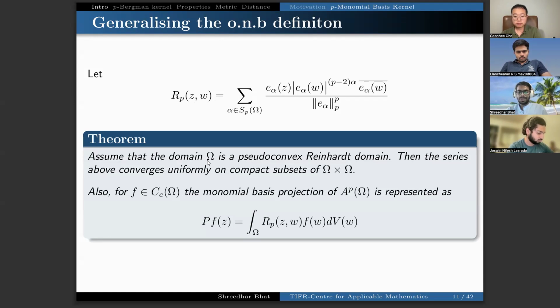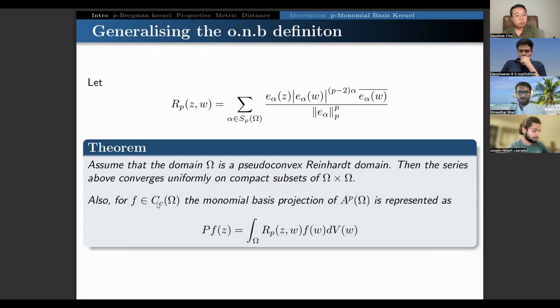And if you start with a pseudo-convex Reinhardt domain, then even though this is an infinite series, it will make sense and it will converge uniformly on compact subsets of omega cross omega. Also, if you have a function which has compact support, then this integral makes sense and you can define this projection operator, but it is not always guaranteed that it will extend from LP to AP.